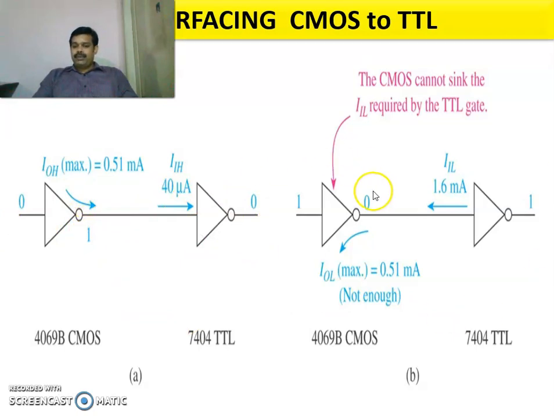Now when the output is 0, the CMOS can't sink the TTL current. Here you have 1.6 milliamps, which the CMOS has to sink. But actually the IOL max of this CMOS is only 0.51 milliamps, while here you have 1.6 milliamps.